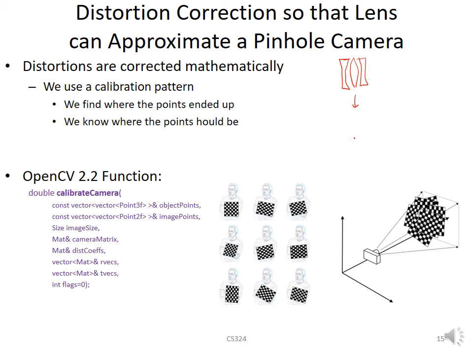Do you remember the pinhole camera? If you have a black box and you make a very small pinhole, and use a very thin white paper here, then you can see the image inverted here.